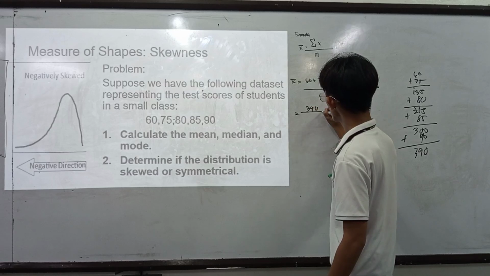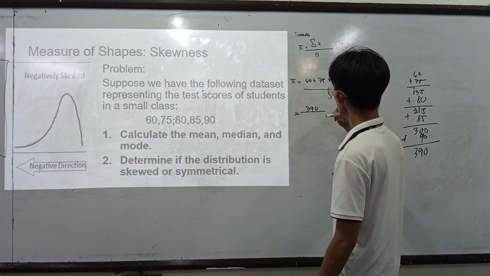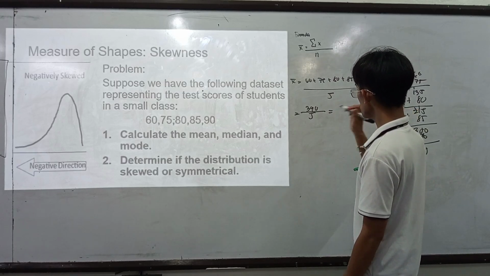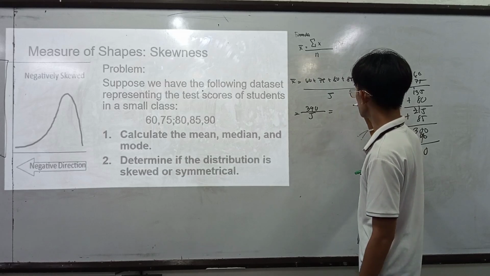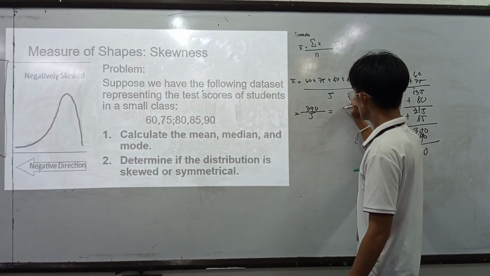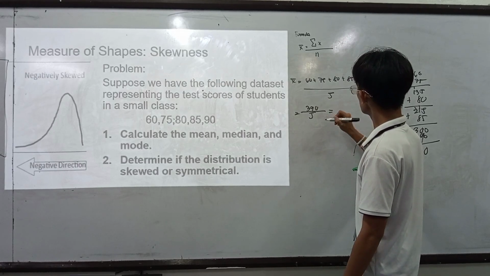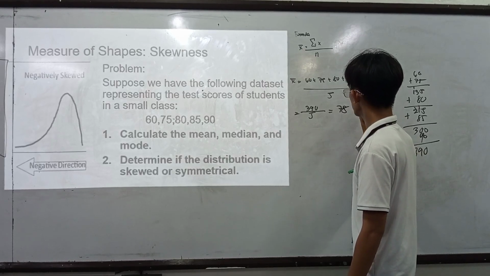After we get the summation of all the values in the data set, we will divide it by 5. Now, its final answer will be 78.